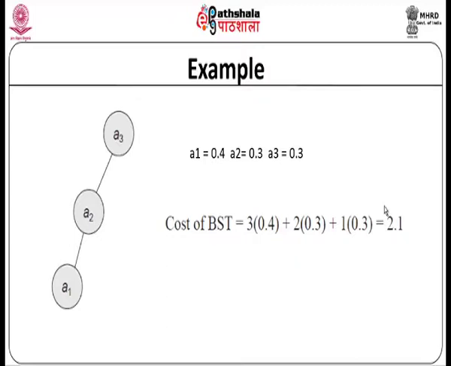A2 occurs at level 2, therefore, it is 2 into 0.3, and A1 occurs in level 3, therefore, it is 3 into 0.4. So, put together, the cost of this particular tree is going to be 2.1.